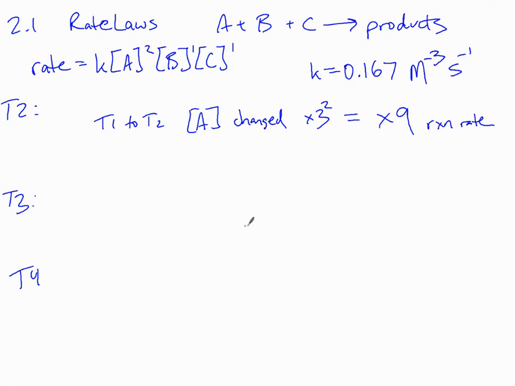So for trial 3, let's compare trial 2 and trial 3. Looking at just these 2 rows, what concentrations are different? A is both 1.5, C is both 0.8, it's B. Concentration of B changed.